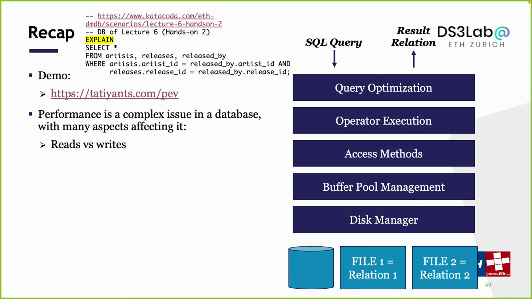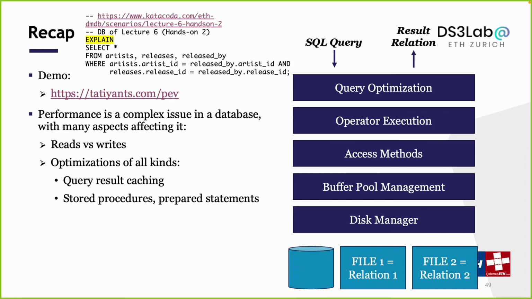They have different performance, different patterns, and depending on what type of hardware you have, they could be very, very different. So there's optimization of a whole bunch of things. You can cache the query result. You can have stored procedures, prepared statements, something called a materialized view. You can build indices. There's also something called multi-query optimization, in the sense that maybe there are multiple users running a whole bunch of queries, and I can optimize them all together.